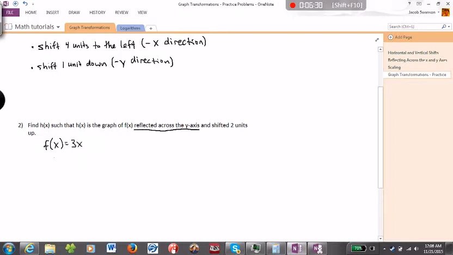So the first thing we'll do to find h of x is multiply by a negative x instead of a positive x. So I'm going to say 3 times a negative x. Now we're not quite done yet, but we will see what we have to do next. So next we're going to shift 2 units up.